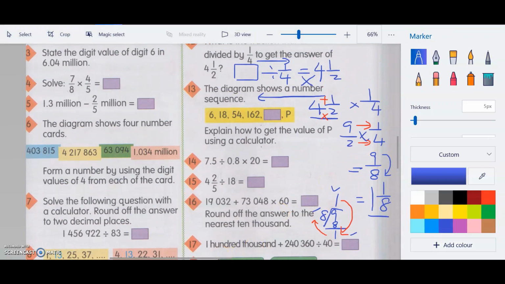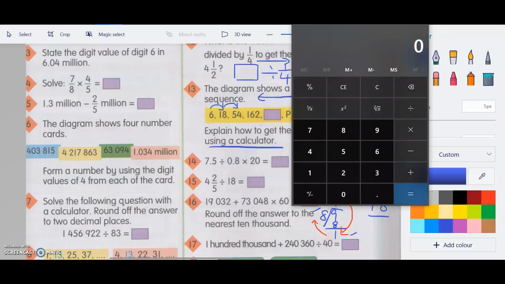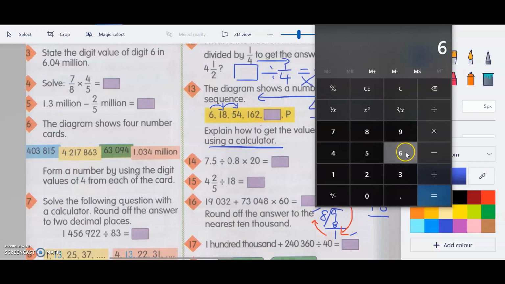Question 13. The diagram shows a number sequence. Explain how to get the value of P using a calculator. So now we want to find the pattern first. How do we change from 6 to 18? We can times 3. If you take out your calculator, we take 6 times 3 and then we press the equal sign, we get 18.